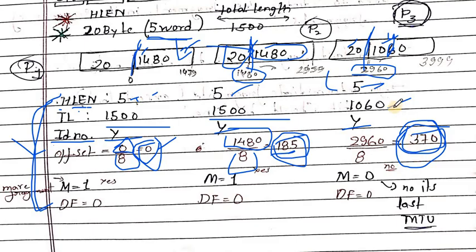But here the receiver received 370, so this is not the next fragment. The receiver concludes that it needs the fragment whose offset value is 185, but here the offset value is 370, so this packet is not the next fragment. So it will wait for the next packet. When packet P2 comes, it checks the offset value, 185. The receiver says yes, this is the next fragment.